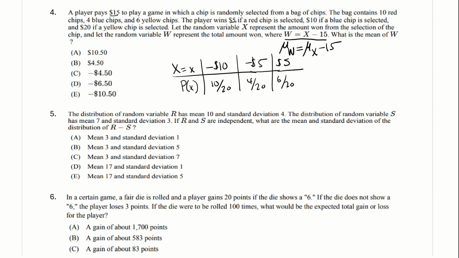So that's, we make $5 basically. All right, and those are our options. And so we can find the mu for X there. So the mu for X is going to be -10 times 10 out of 20 plus -5 times 4 out of 20 plus 5 times 6 out of 20.